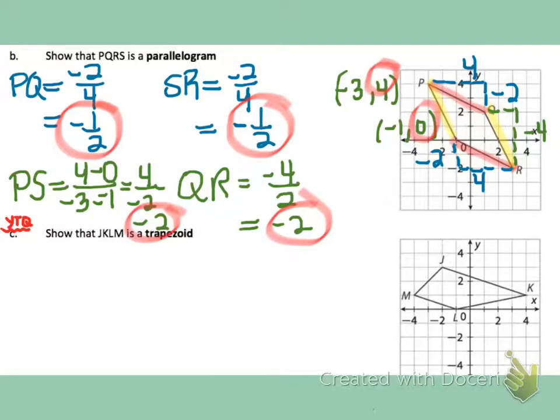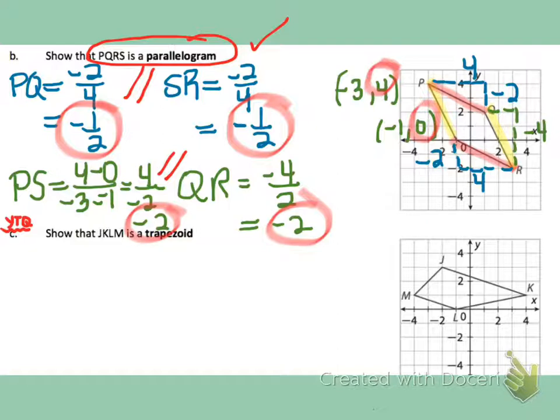So since both pairs of opposite sides are parallel, because they have the same slope, we can tell that PQ and SR are parallel. We can tell that PS and QR are parallel. And that means that PQRS must be a parallelogram. And so we've checked that off our list.